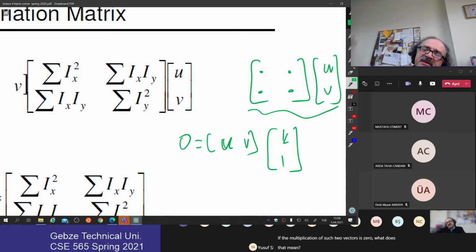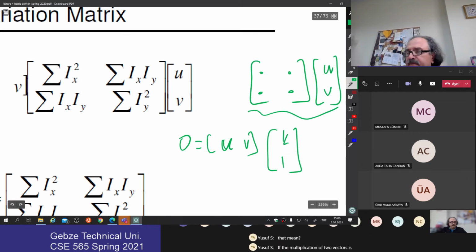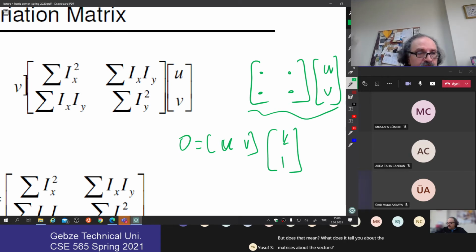What does it tell you about the matrix, about the vectors? In the beginning of semester, we talked about that.